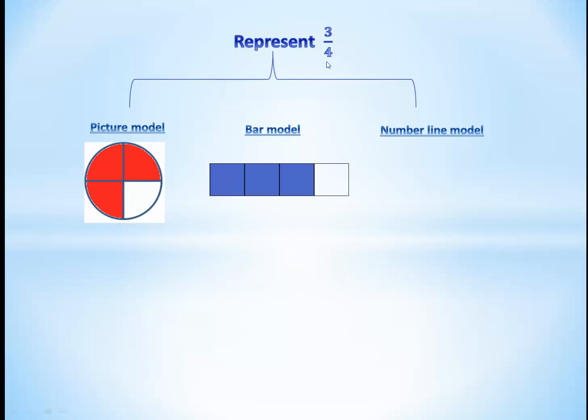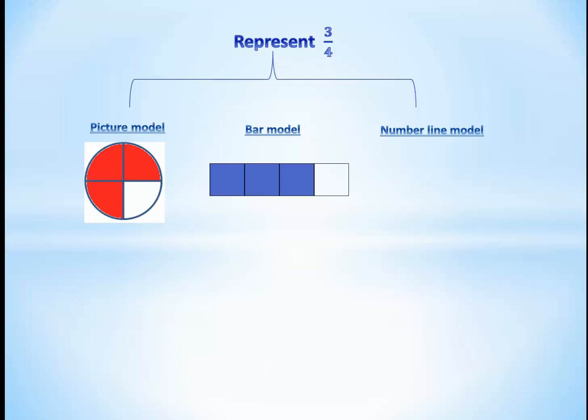And we will shade how many parts? Yes, 3 parts. So we can represent 3/4 by picture model. Bar model: we draw a rectangle, divide it into equal parts, and shade 3 parts.